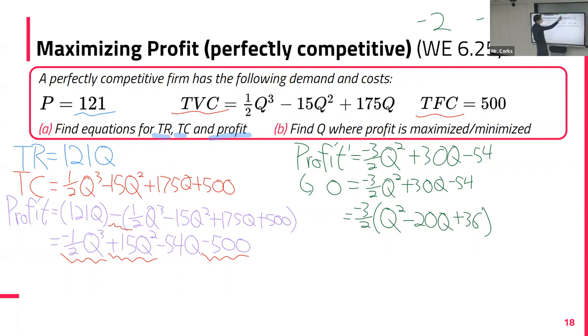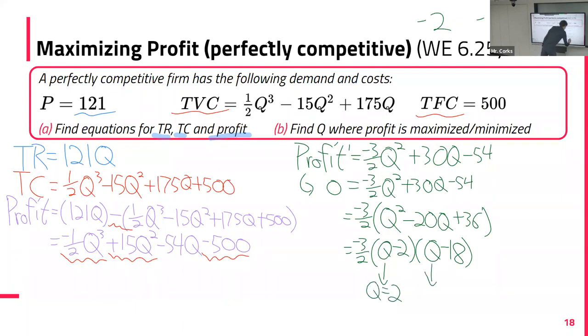That works. 2 times 18 is 36, and they'll turn out positive. So we have here q minus 2 and q minus 18. Based on this, our solutions for q are q equals 2 and q equals 18. We have those two points.